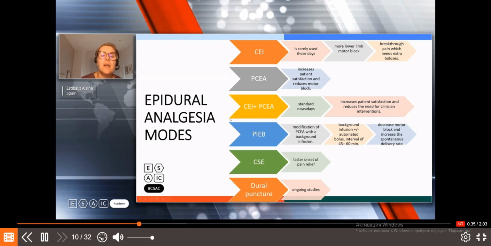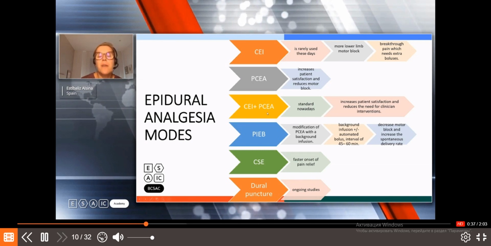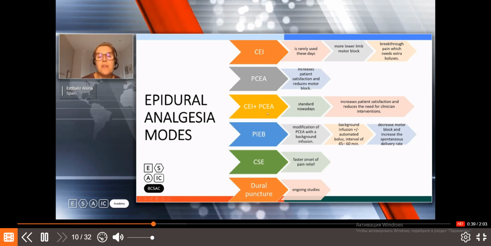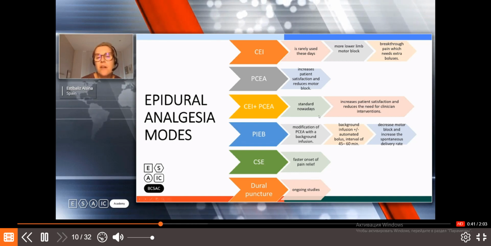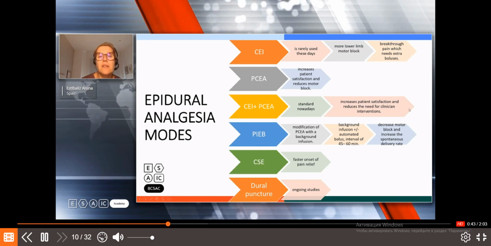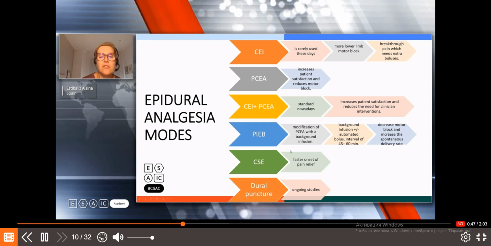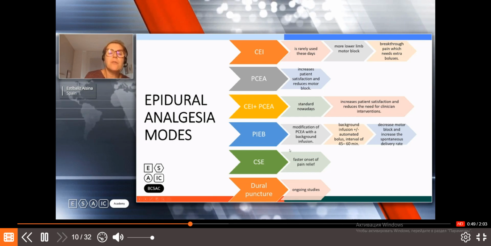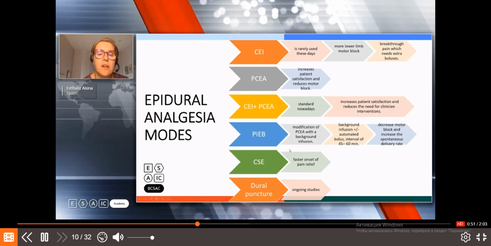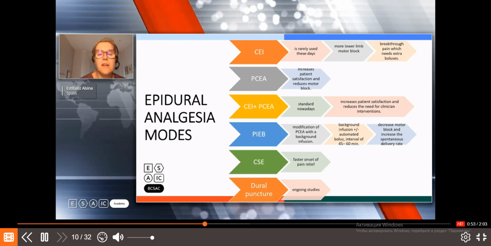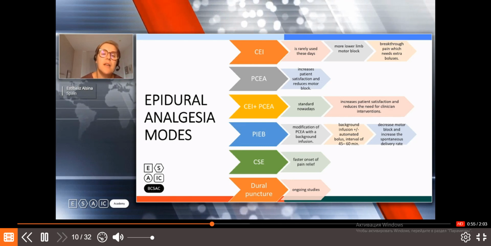And the combination of continuous plus patient-controlled is the standard nowadays, and increases the satisfaction of the mother and the need for clinician interventions. Right now, what we are using in the maternal hospitals, the bigger ones, are the PF.